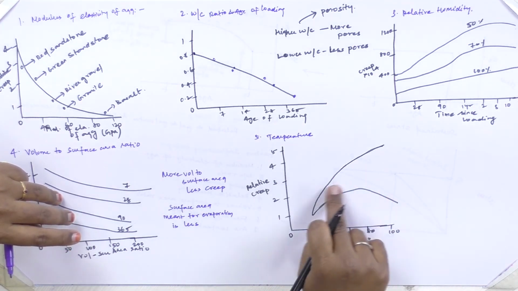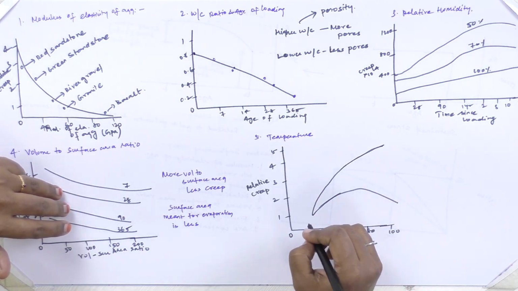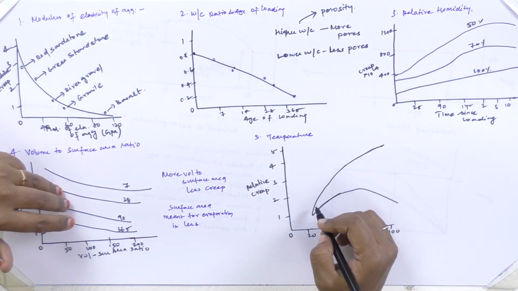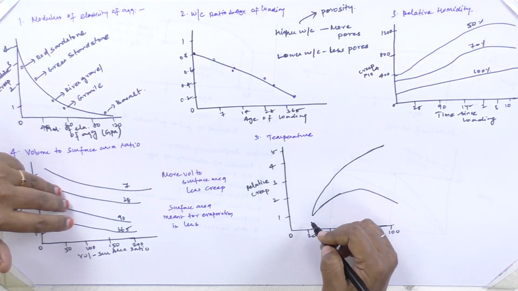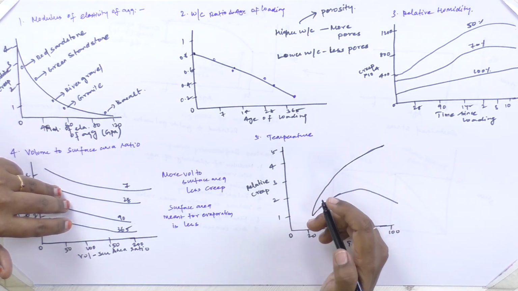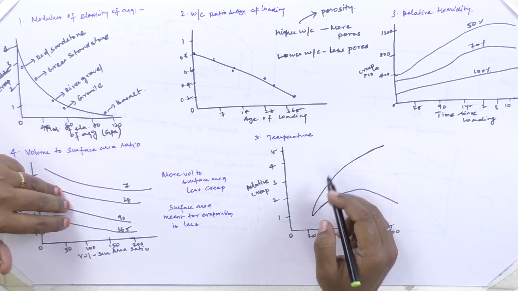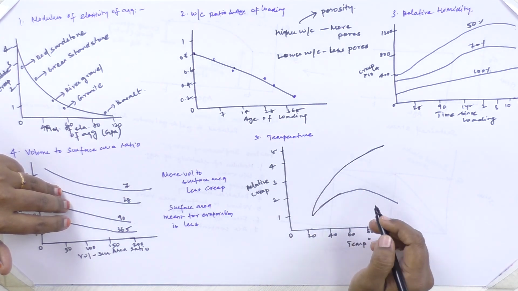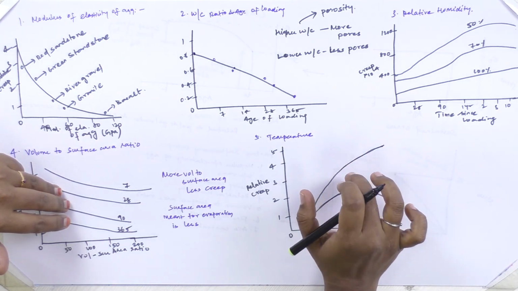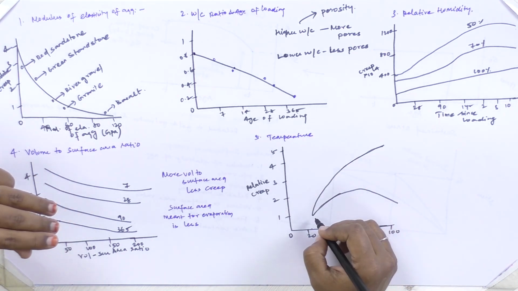Here this curve is obtained by curing and testing at the same temperature, that is I am curing at 20 degrees Celsius and applying the loading at the same 20 degrees Celsius, whereas here I am curing at 20 degrees Celsius and before loading I am heating the specimen to the test temperature, whatever it may be, 40 degrees or 60 degrees, and after heating I am applying load, and during that time I exhibit creep in this manner.